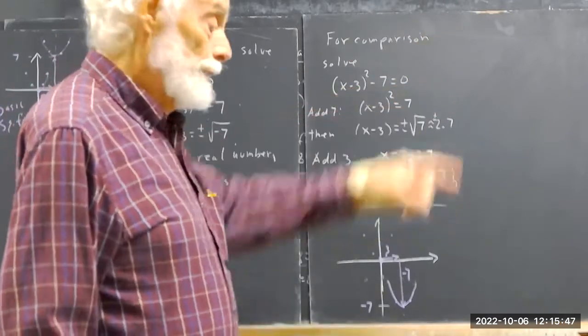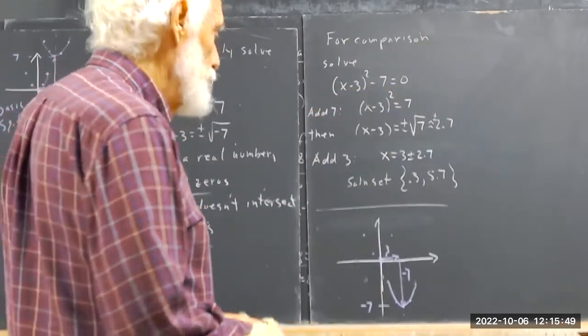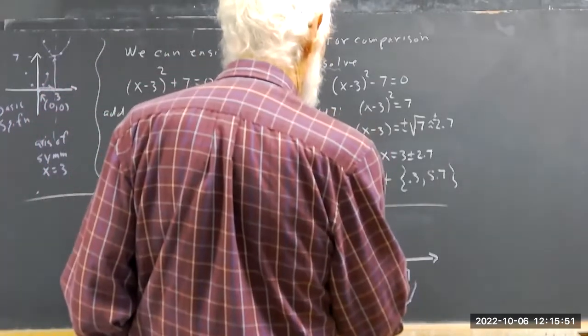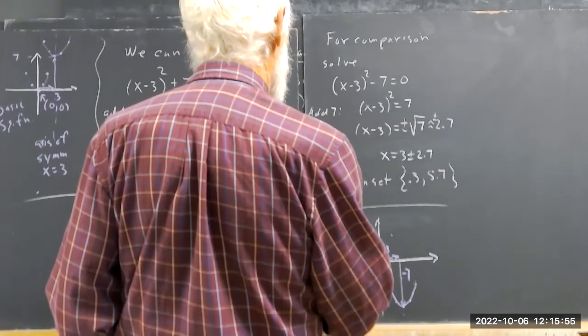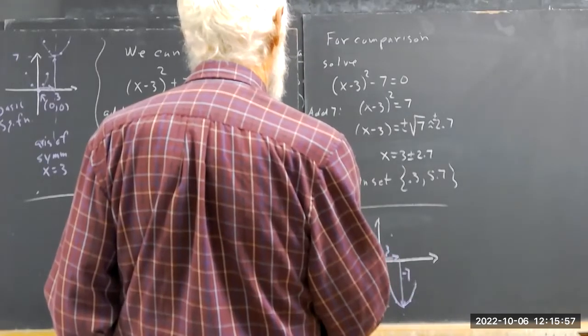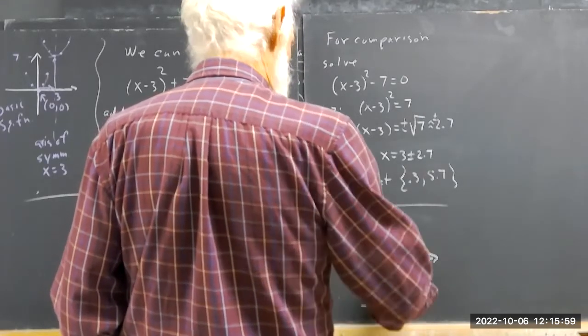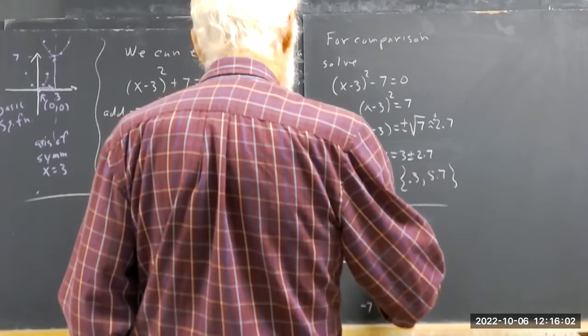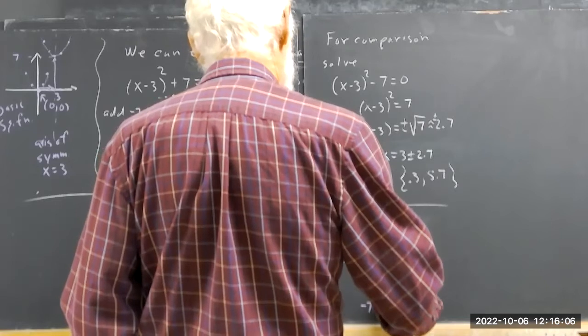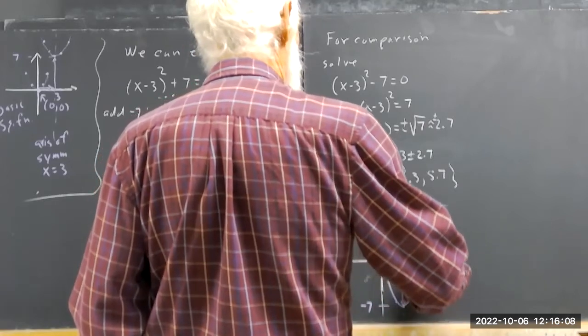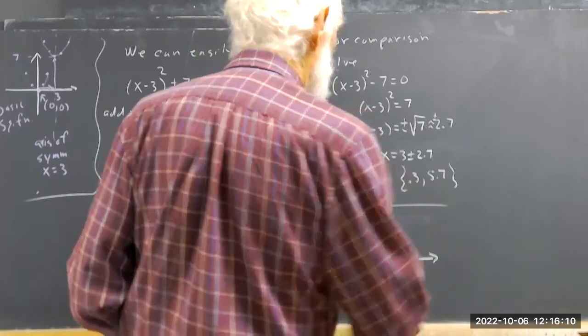Then you subtract 7, you get 2. So the y-intercept should be f of 0, which is 2, which should be about here. So it's very plausible that this graph goes up and intersects the y-axis here.